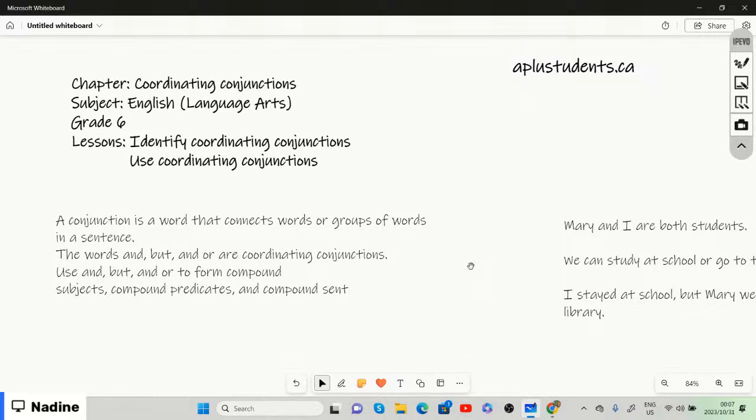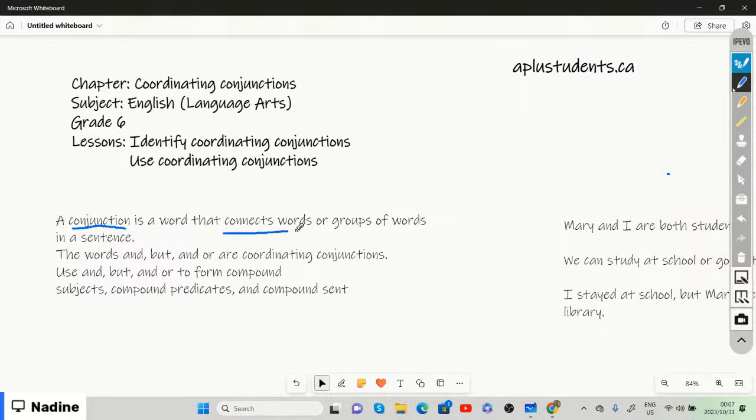All right, so now we say a conjunction is a word that connects words or connects a group of words within a sentence.